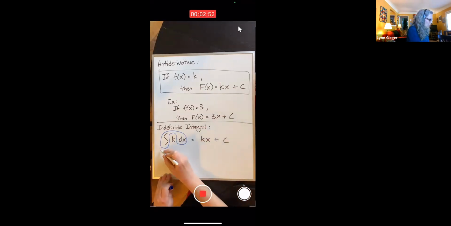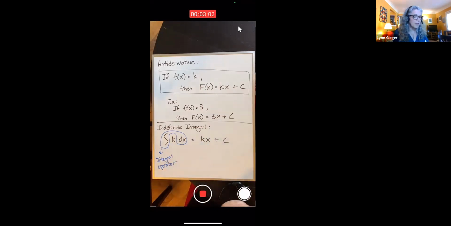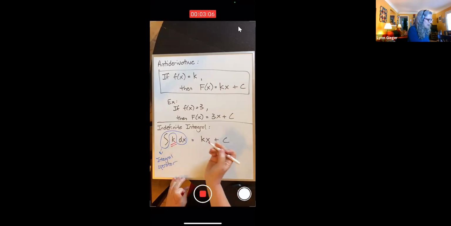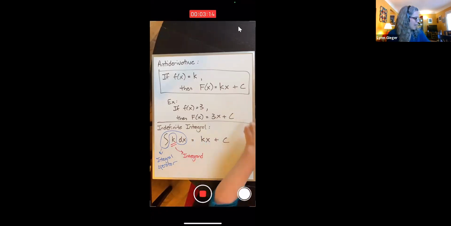So we would call this the integral operator. It is an operator. It has to have something to operate on, and the thing that it is operating on is the function k, and that function k is referred to as the integrand.